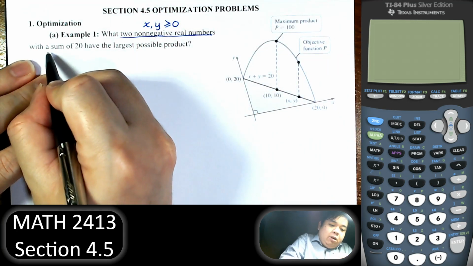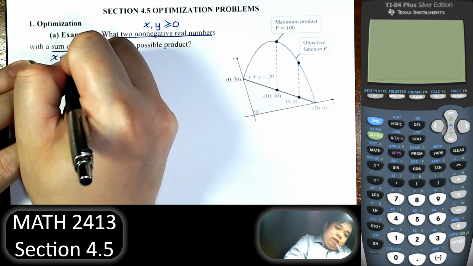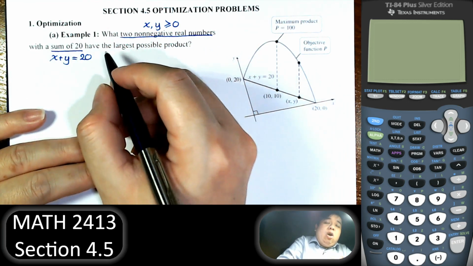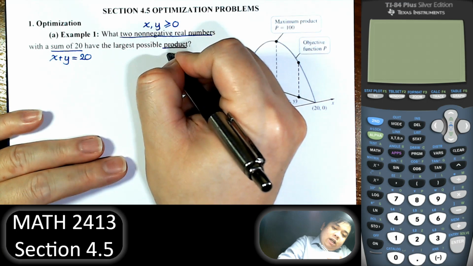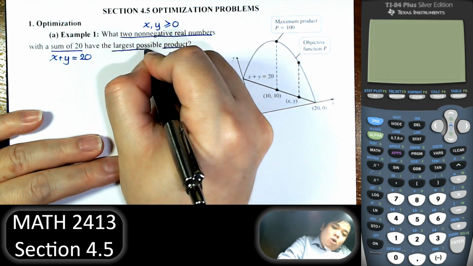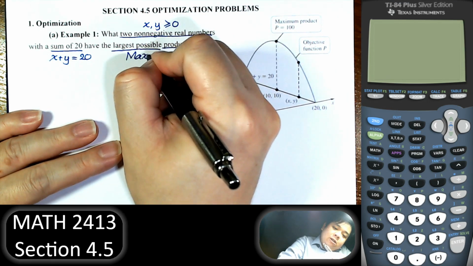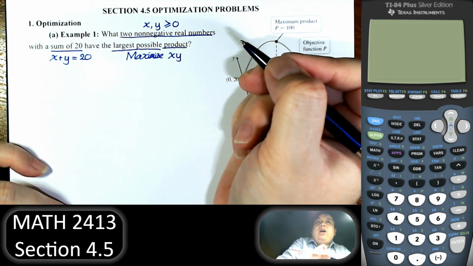Sum of 20 means x plus y equals 20, and we have the largest possible product. The product is x times y, and largest possible means we maximize it. So maximize the product xy.